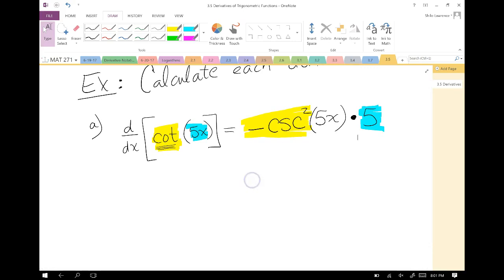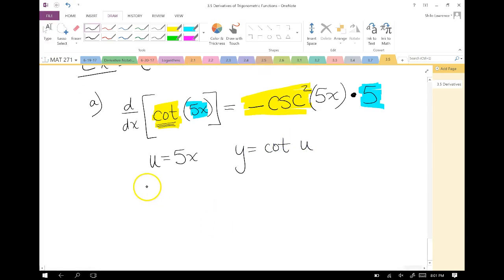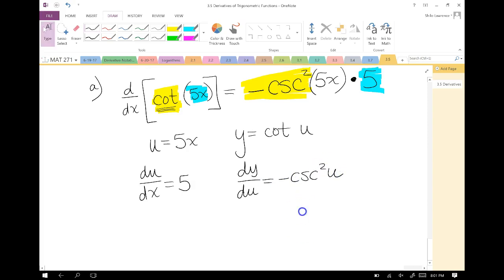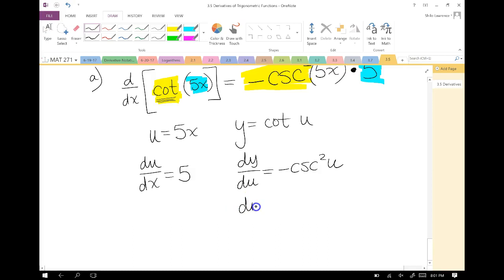And the way that we wrote this when we did chain rule is we said we're going to let u equal 5x, and then y equals cotangent of u. du/dx equals 5. dy/du equals negative cosecant squared u, but we have to write that back in terms of x.